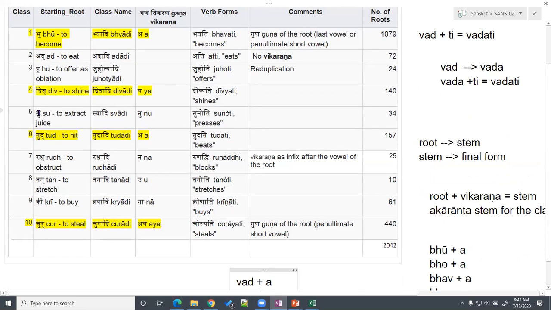Now there is a special case here. Div becomes div, so it becomes divyati, but that's not the general rule. That's a rule which applies to only a very few roots, and div happens to be one. But normally you will not elongate this letter. You will just add ya. So the stem would be ready.